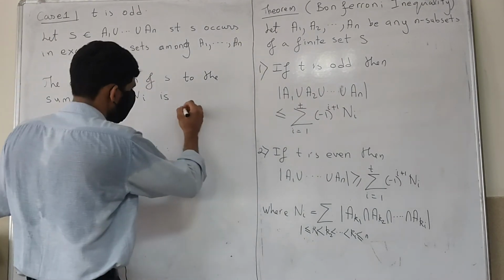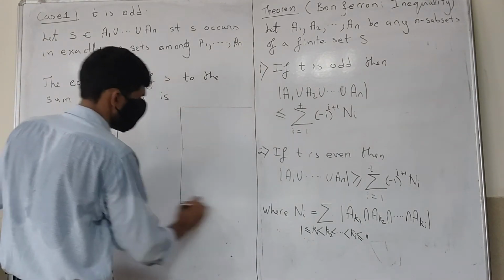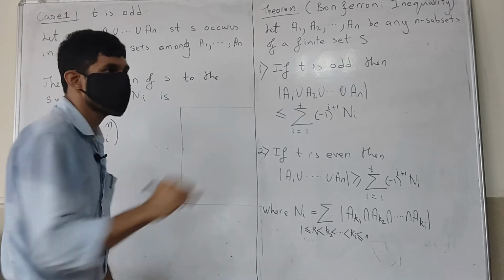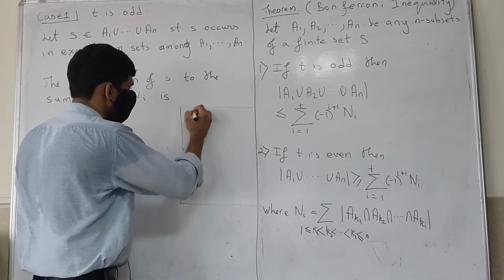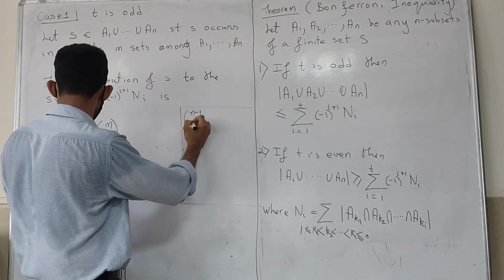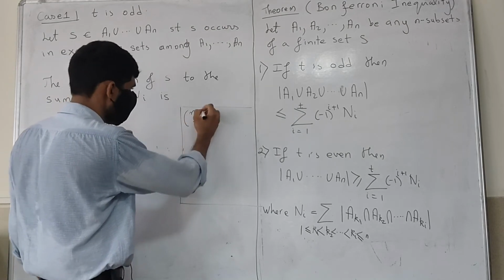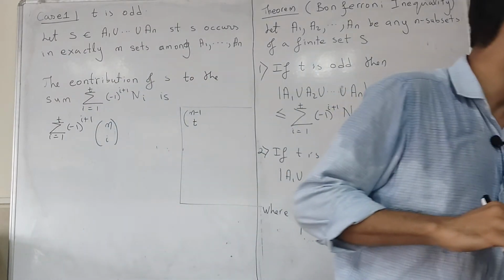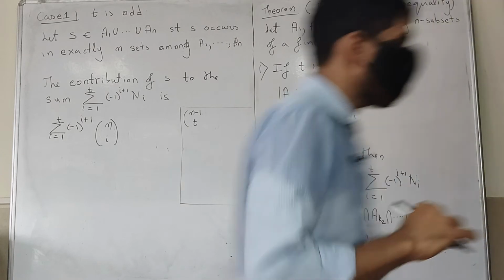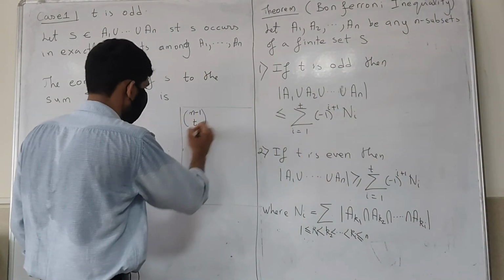We know this fact from the previous theorem. We know that m minus 1 c t, what is this equal to?